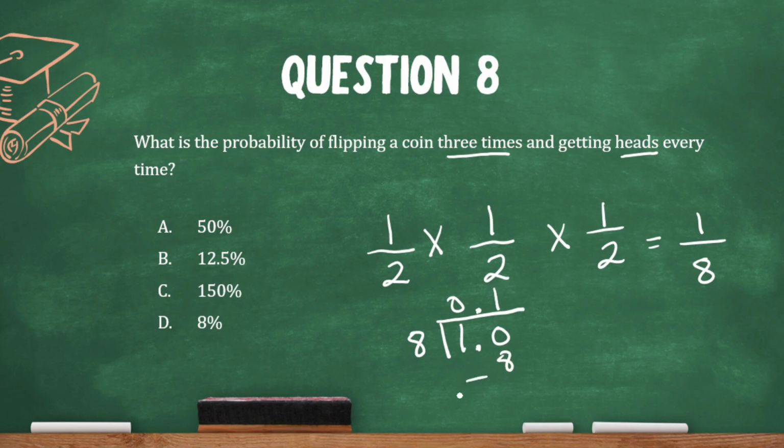So I'll go ahead and subtract. Carry down another 0 here. 8 goes into 20 2 times, and that's 16. So I'm left with 4, carry down a 0, and 8 goes into 40 5 times. Now this is the decimal form of the answer, and remember, if you want to convert a decimal to a percent, you just move the decimal 2 places over to the right.